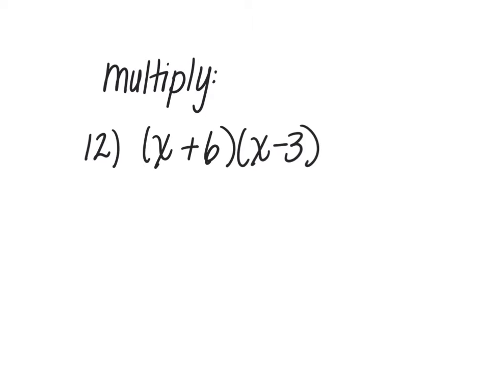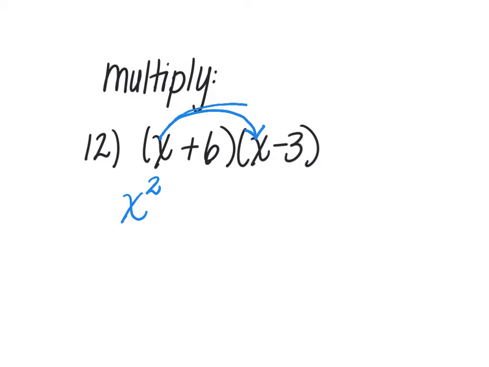So the first thing I'm going to do is take the x that's in the parentheses on the left and distribute it to the parentheses on the right. So x times x means x squared because I'm adding those exponents, and they each have an understood exponent of 1.